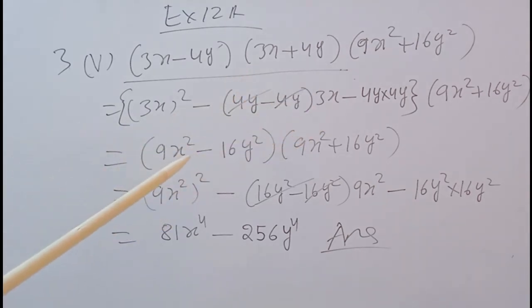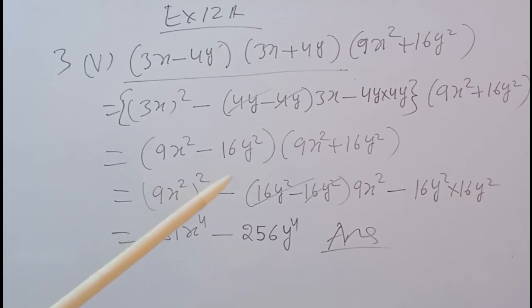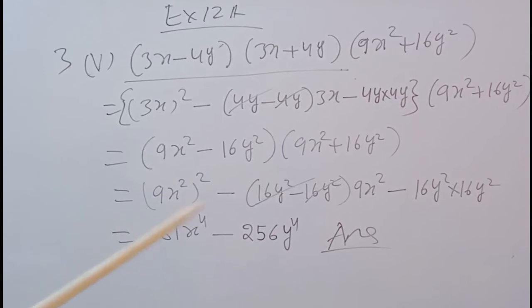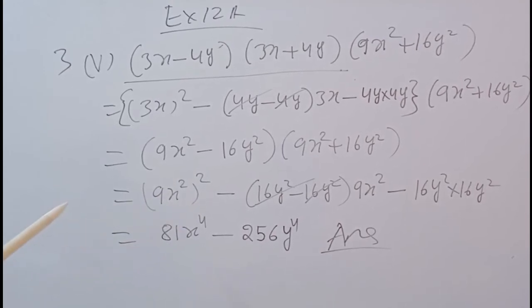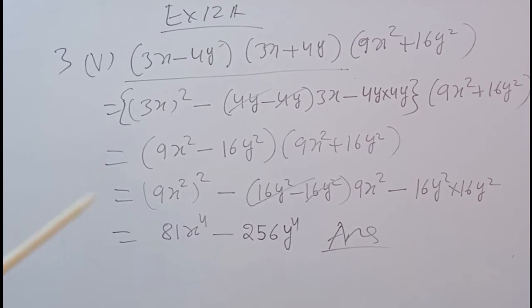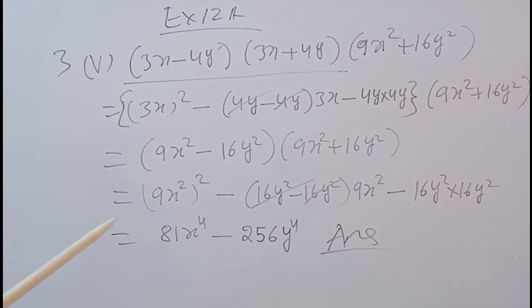Now we will get the product of this one. Same identity, the same special product we will use, that is (9x²)² − 16y² into 9x², minus 16y² into 16y², that will give 256y⁴. The middle term will become 0 as 16y² minus 16y² gives 0, and the first term, 9x² whole squared, gives 81x⁴.